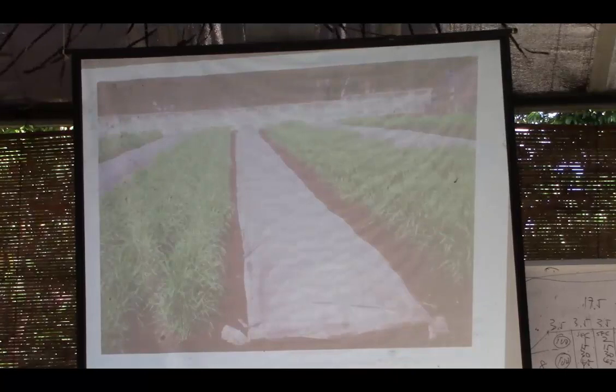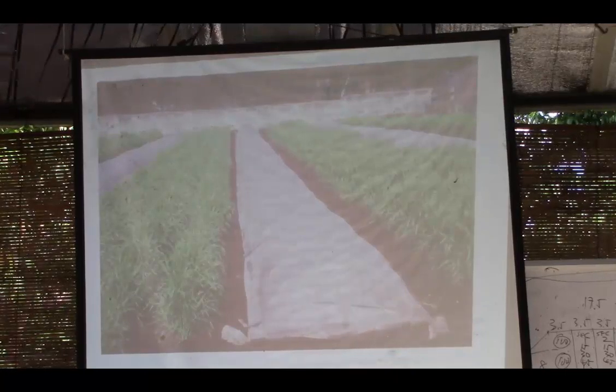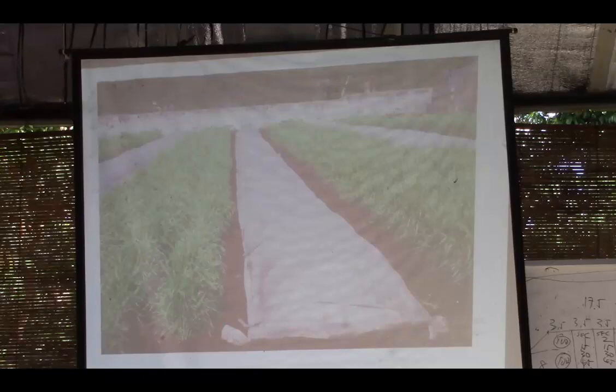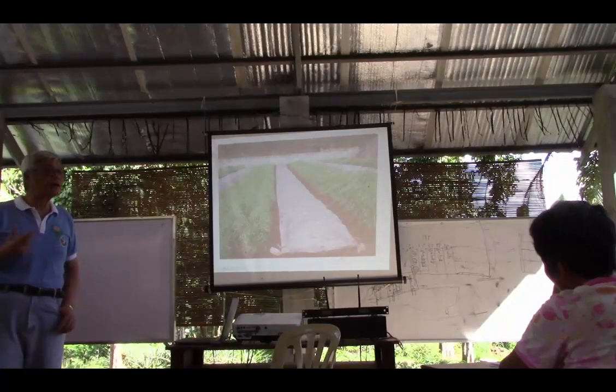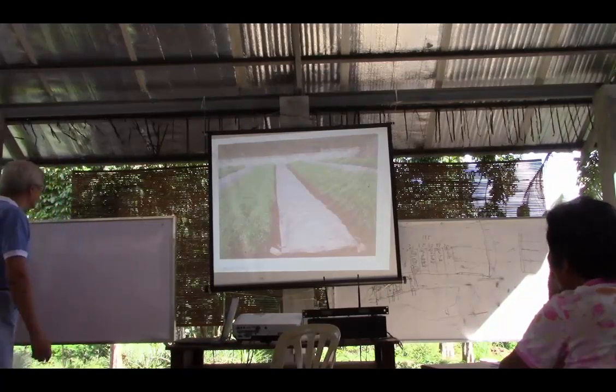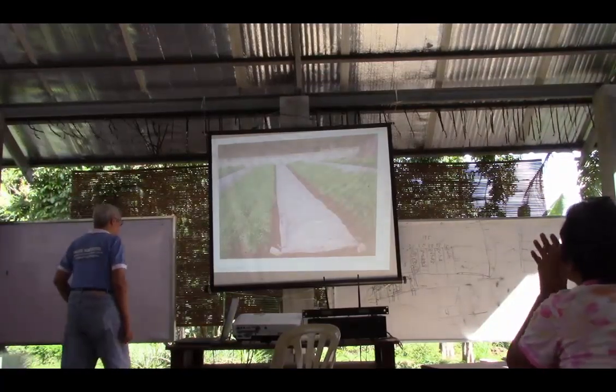Now, let me teach you this. This is in Korea. Now, I'm not asking you to follow everything that the Koreans did. I'm just going to teach you why they do this. We have other ways of doing it.